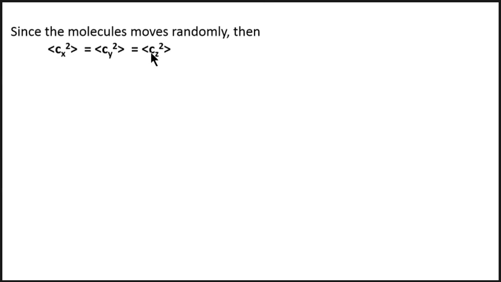And since they are all equal to each other, from the equation I had the other time, from the resultant mean square velocity, anywhere I see the mean square velocity for y, for z, I can slot in the mean square velocity for x, since they are all equal. So if I do that, I will end up getting the resultant mean square velocity equal to thrice the mean square velocity in the x component.